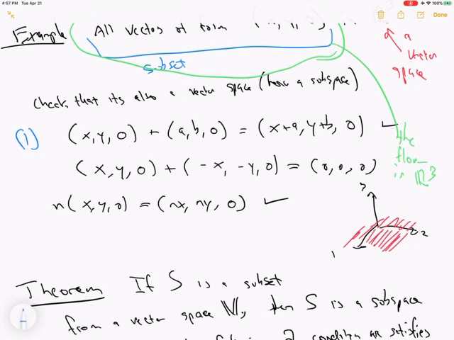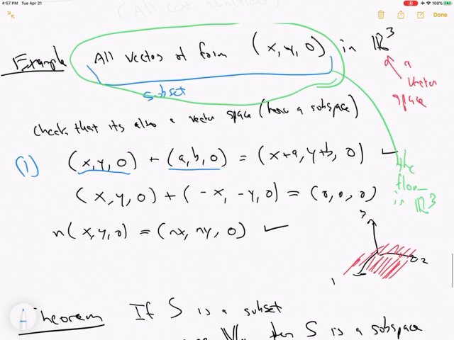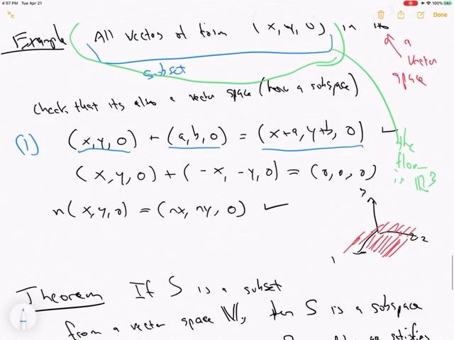If you take something in the set S, and this is also in the set S, being in the set S in this example just means that the third coordinate is 0, and if we add them, we get something whose third coordinate is 0. And therefore, if you take two things in this set and you add them, you are still within this set. So that's good. That's condition 1.